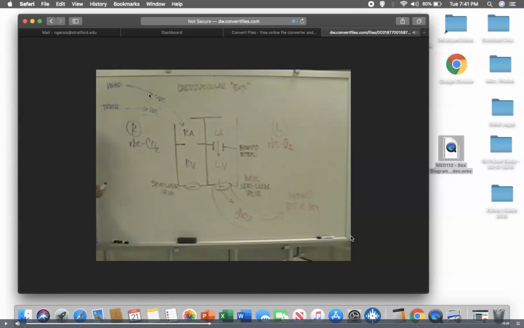The superior vena cava comes from your head and empties into your right atrium. Now you'll see the blood colored blue because the blood is deoxygenated. We used up the oxygen, and the rest of our body gave us carbon dioxide.